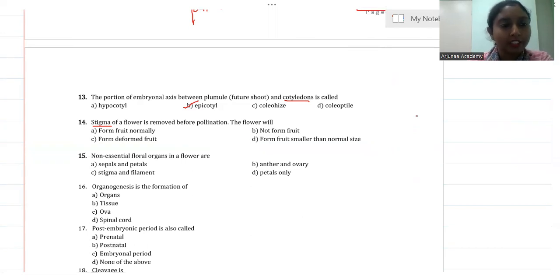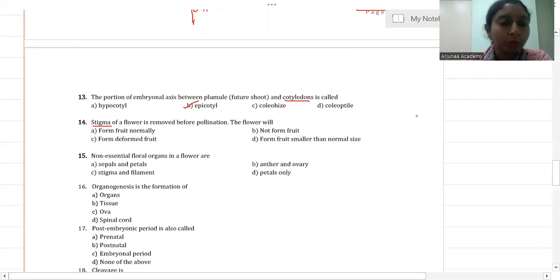Only after receiving pollen grains will there be formation of the pollen tube, and the pollen tube will enter, then double fertilization happens. Since the pollen grain is not landing, the further process will not happen. So here the answer will be option B, not form fruit.